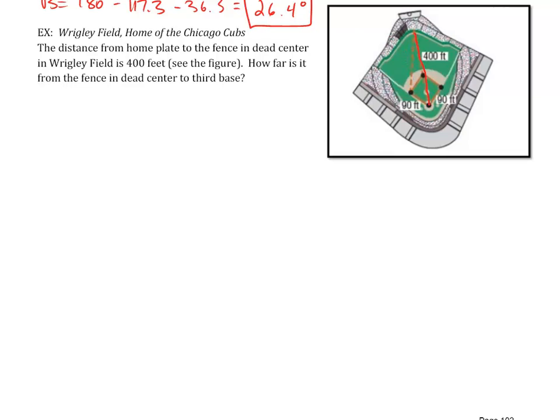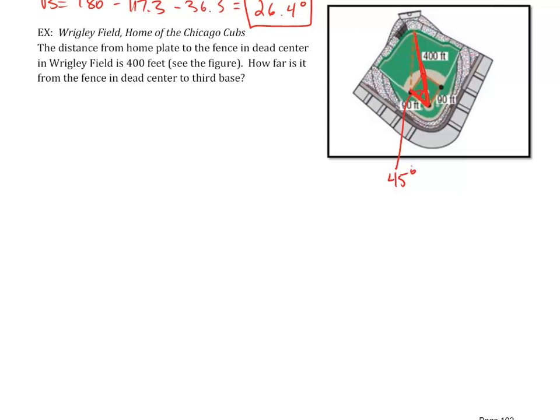We know that it is 90 feet along any baseline, so it's 90 feet here. And since the baseball diamond is a perfect square, we know this angle right here would have to be 45 degrees because it's the diagonal, because it goes right through second base of the square that makes up the baselines in baseball.